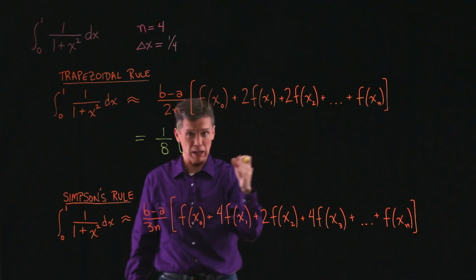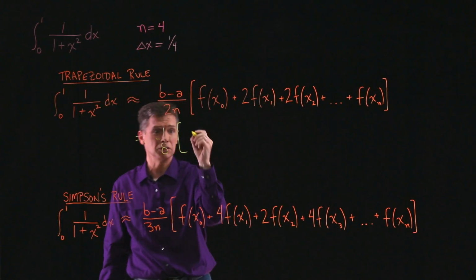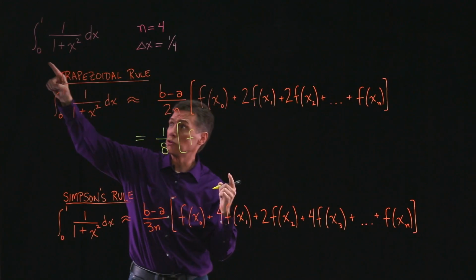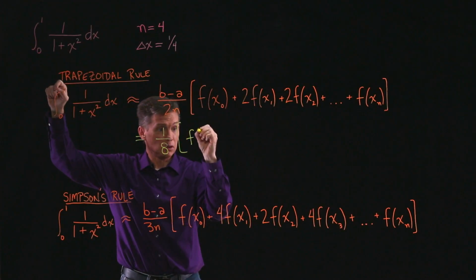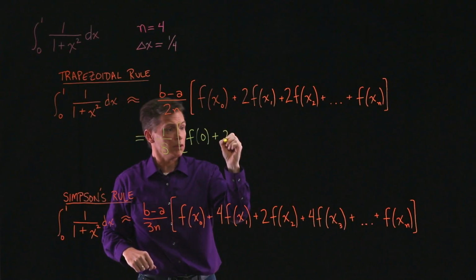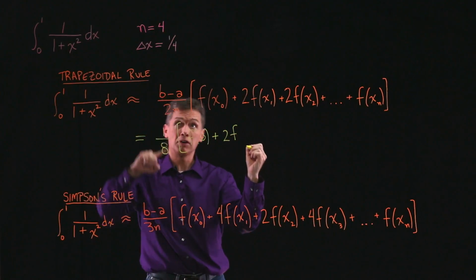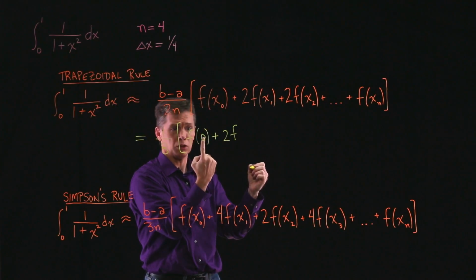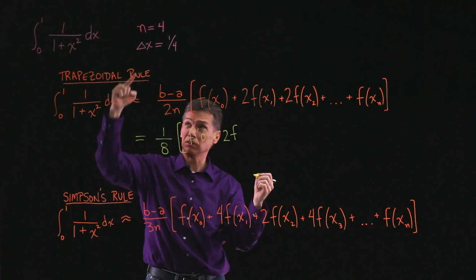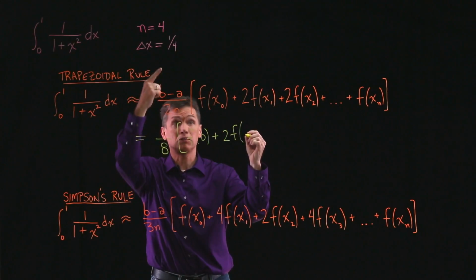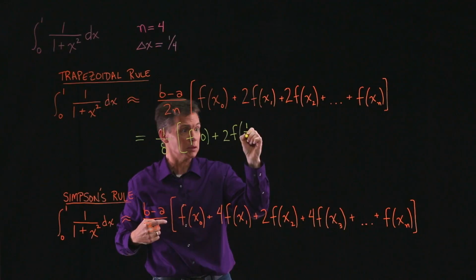I'll make sure you know what each of the x sub whatevers is. My x sub 0 is always going to be right where you start in your definite integral. So I'm going to need an f of 0 plus 2 times f of, and this is where your delta x kicks in. You just need to pick up from where your x value was, plus that increment in x. f of 0 plus a quarter is 1/4, right?